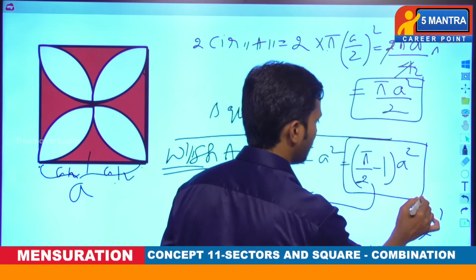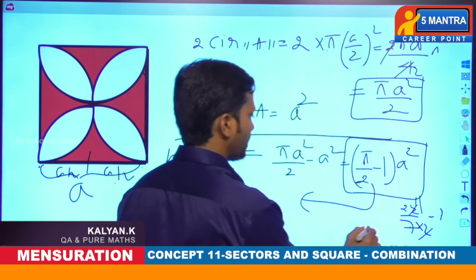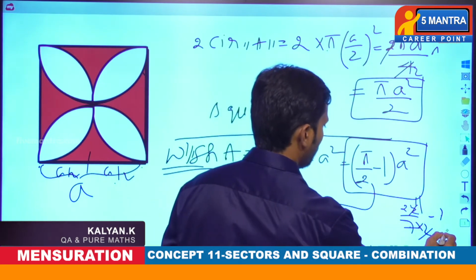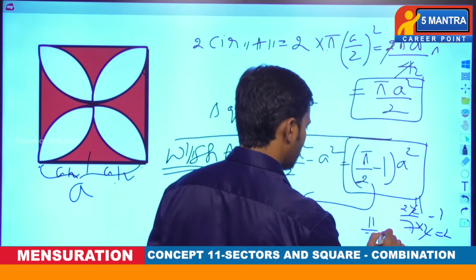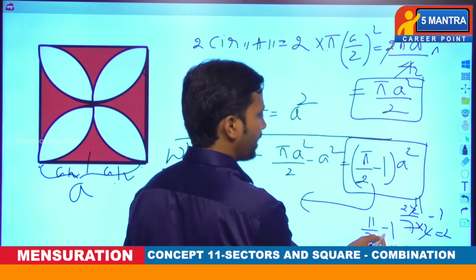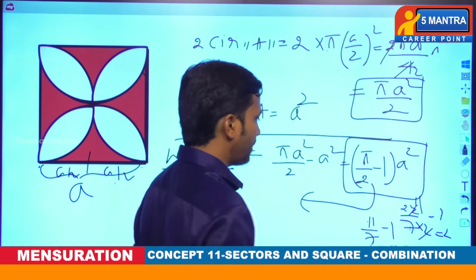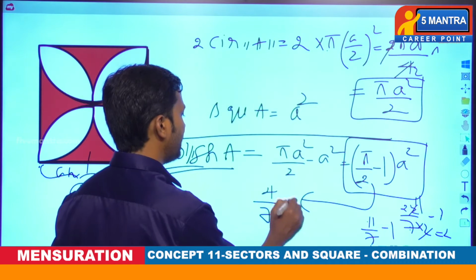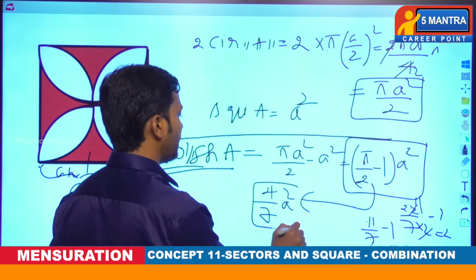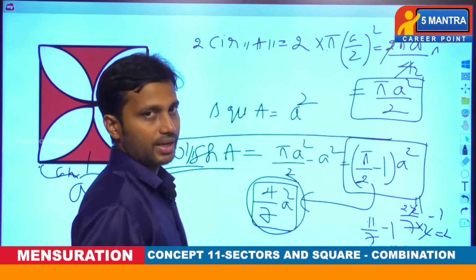The 2 elevens are... means 11 by 7 minus 1. If you take LCM, 11 minus 7 is 4, so 4 by 7. So the final answer for this white colored shaded area, or flower region, is 4 by 7 a square.